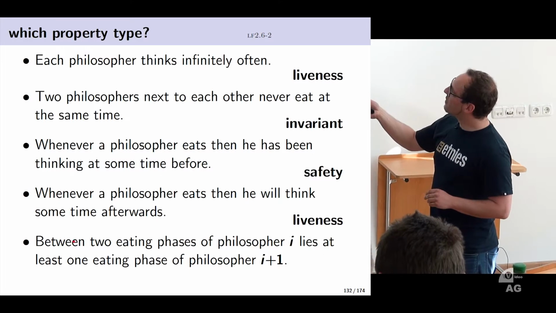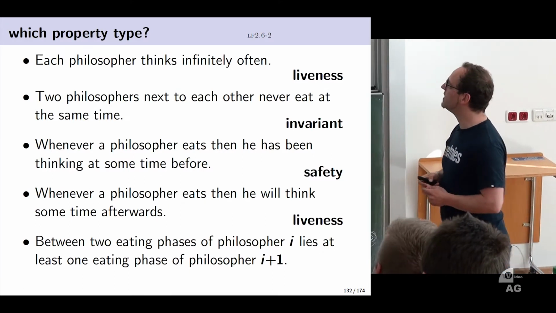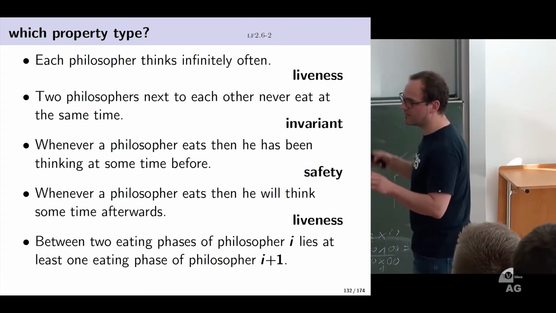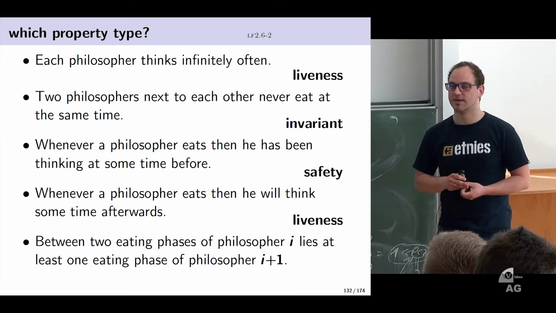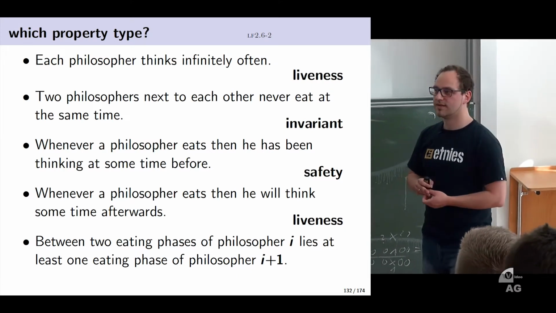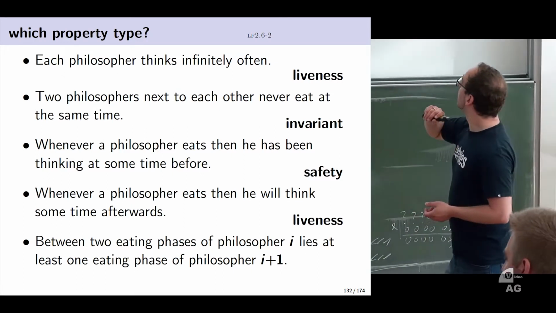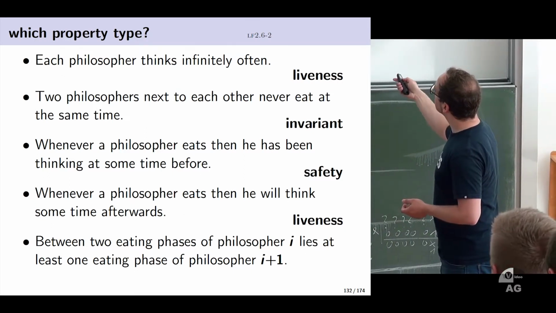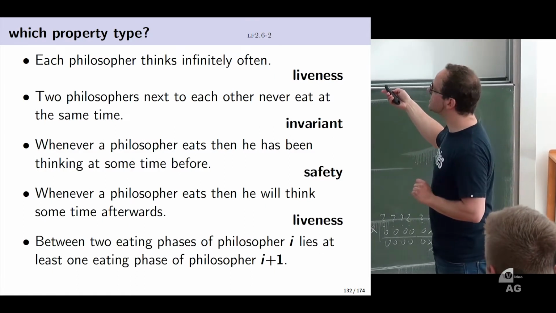Okay, and then finally one property: between two eating phases of philosopher i lies at least one eating phase of some other philosopher i plus 1. Yes? I would say it's safety.